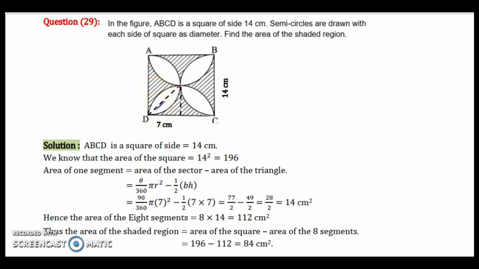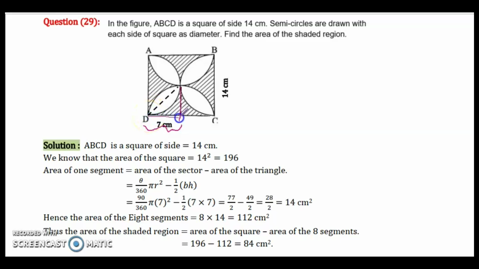Therefore what can we do now? How to evaluate the problem now? I am drawing a perpendicular. If you draw the perpendicular, sure it will bisect in half. Therefore the total side of the square is 14. That means this length will be 7 centimeter, right? Therefore, how to find this portion?